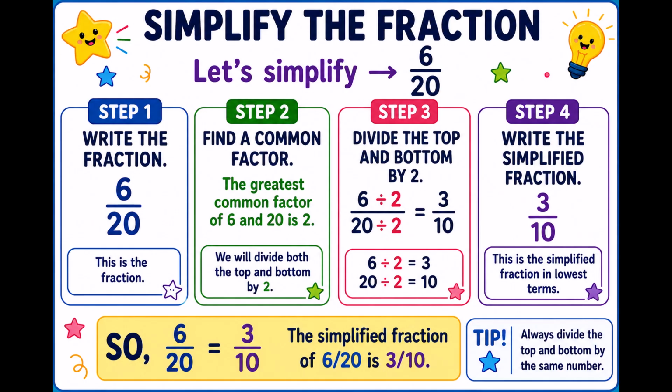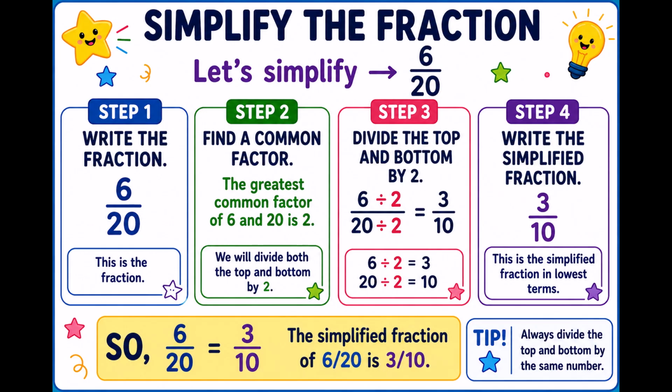Now we're going to divide the numerator and denominator by the same number. But let's go back, just in case you can't remember what the greatest common factor is and how we find it. Remember, factors in a multiplication problem are the numbers being multiplied together.